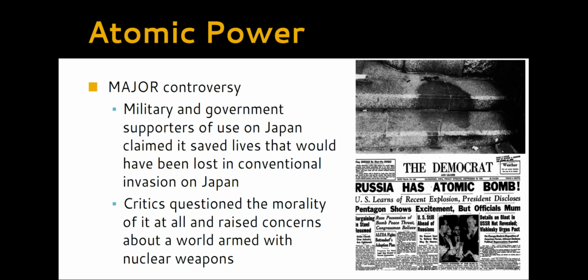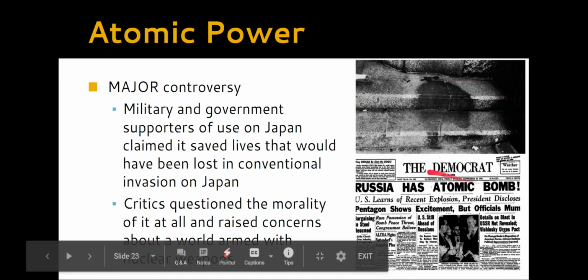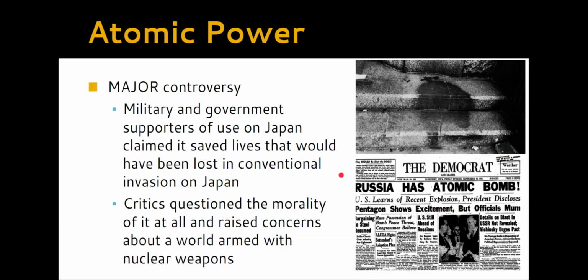And so now we're heading into this time period where everybody's going to go into an arms race. As soon as this happens, the USSR starts working right away, and they gain atomic weapons. So right down here, Russia is now testing the atomic bomb, and now we're officially in an atomic arms race.